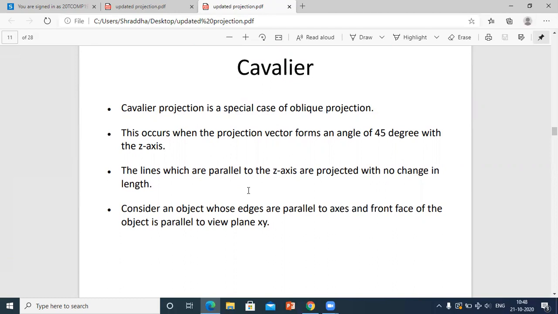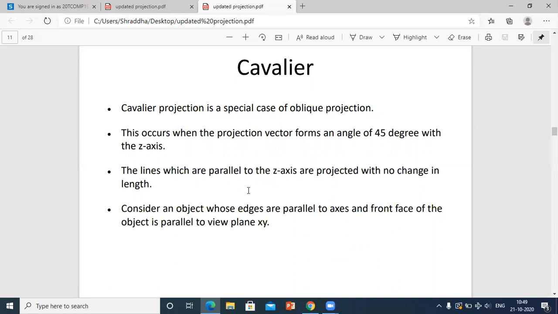This occurs when the projection vector forms an angle of 45 degrees with the z-axis. I repeat, in cavalier, the projection vector forms an angle of 45 degrees with respect to the z-axis. The lines which are parallel to the z-axis are projected with no change in length.